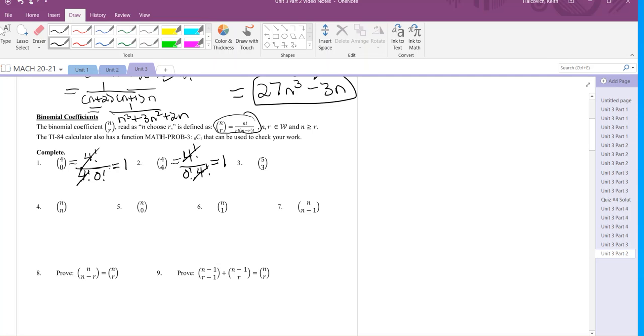You still get 1. 5 choose 3 is 5 factorial over 2 factorial times 3 factorial. So that means it's 5 times 4 times 3 factorial over 2 factorial times 3 factorial. Notice they cancel out. 2 factorial is just 2, so it's 20 over 2, which is 10.